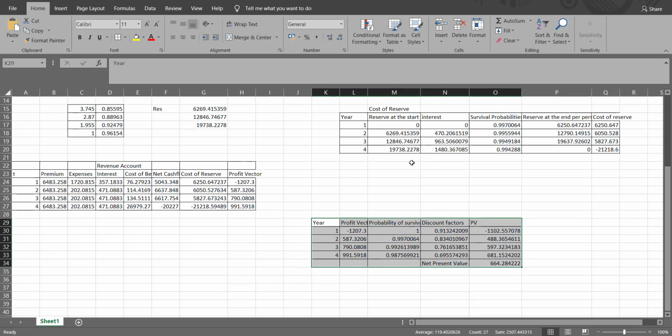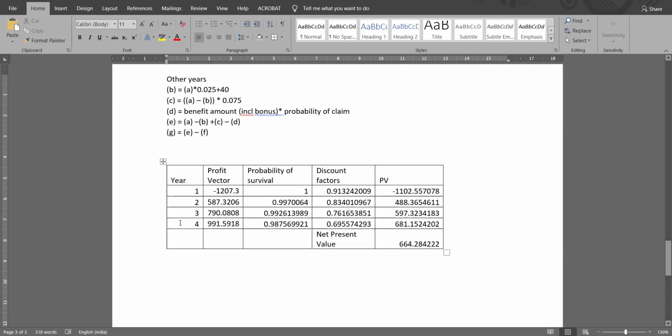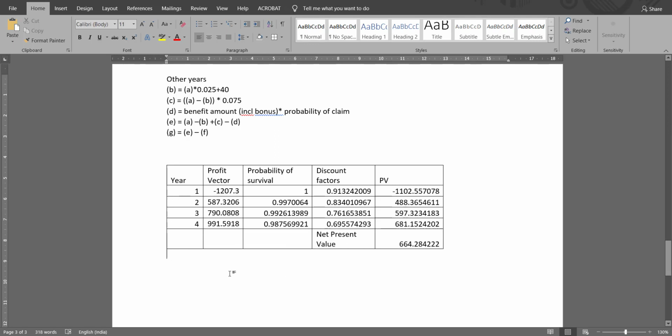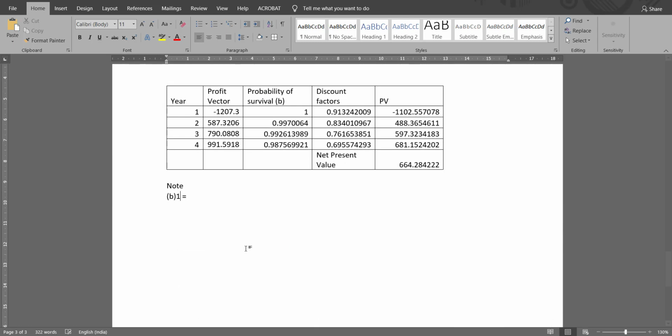You can just copy this table and put it here. You can explain that the probability of survival is just the cumulative probability of survival. Just mark this as B, so you can say note B is equal to, you can actually write it properly, so B in 1, 2, 3, 4.